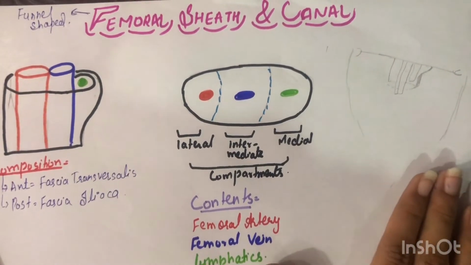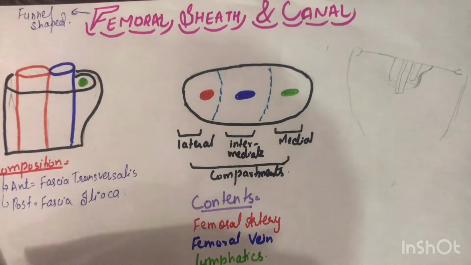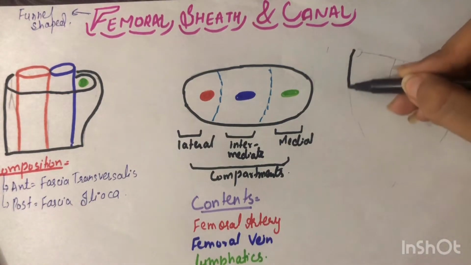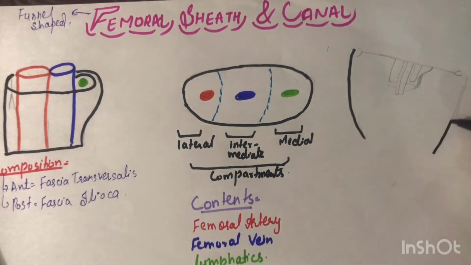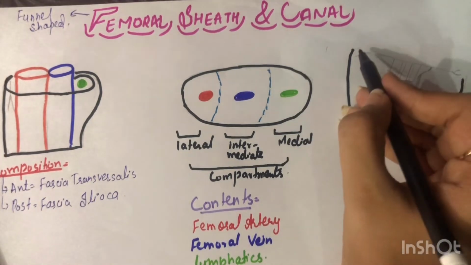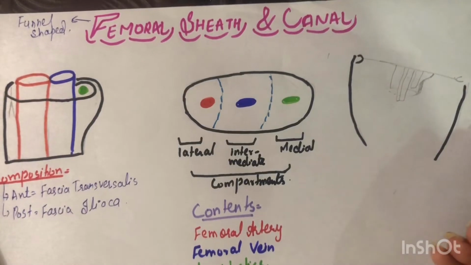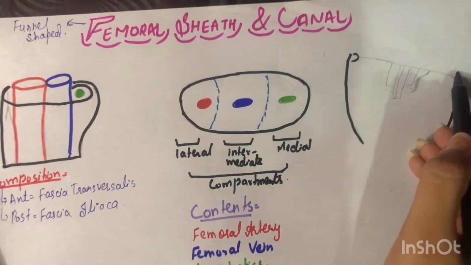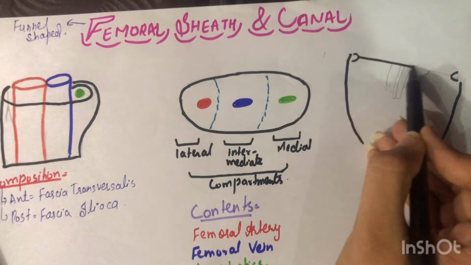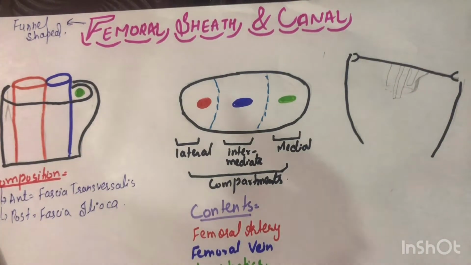Now let's move onward to our last one, the femoral canal. So here let's draw another diagram. This is our thigh. Here is the anterior superior iliac spine, and here is the pubic tubercle. Here is our inguinal ligament, right?